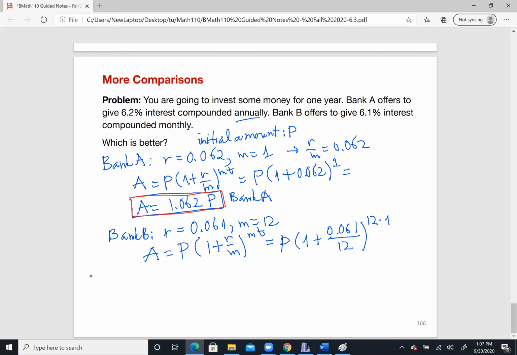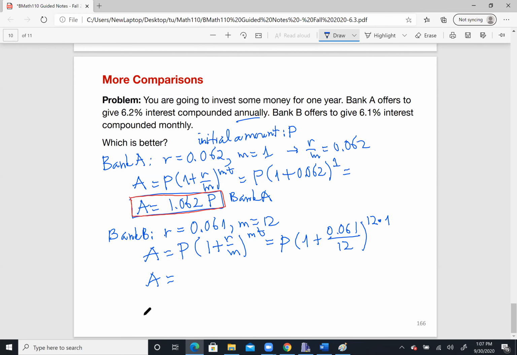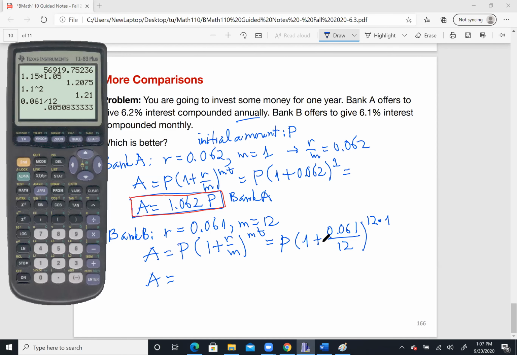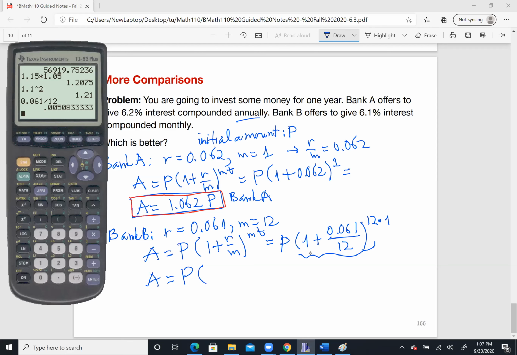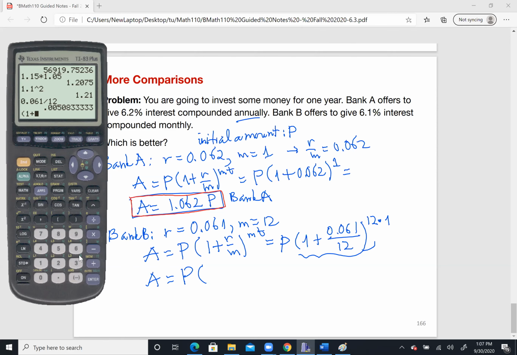Okay, so now you will have A equal to, if you use a calculator. You just calculate only this part. So P multiplied with parentheses 1 plus 0.061 divided by 12, right?